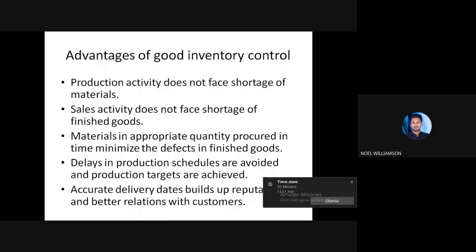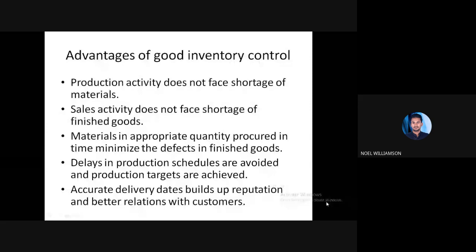So that is the next one. Materials in appropriate quantity procured in time minimize the defects in the finished goods. If there is any defect, then we can minimize it.